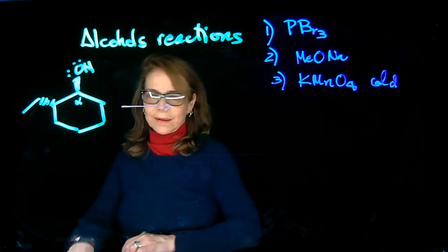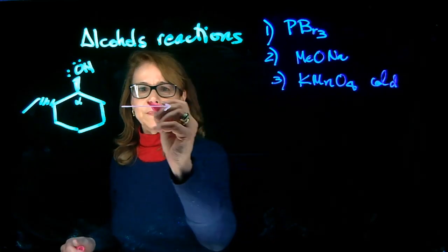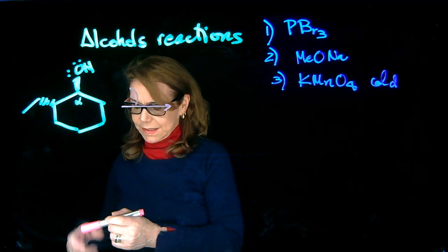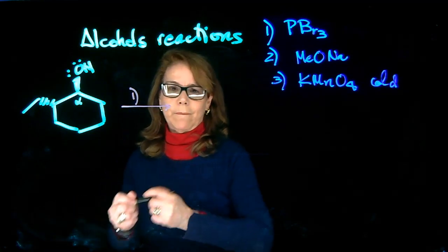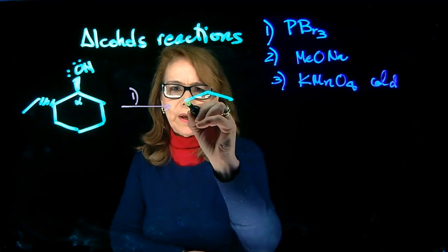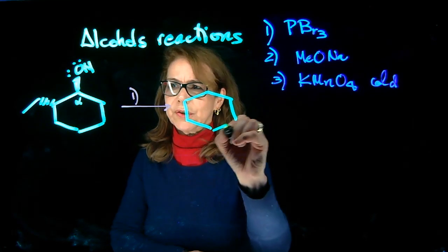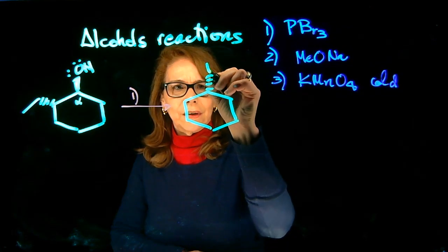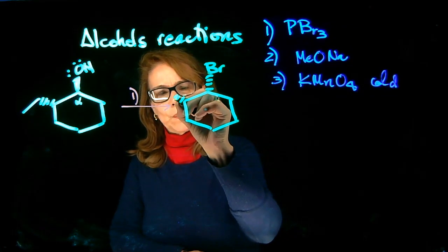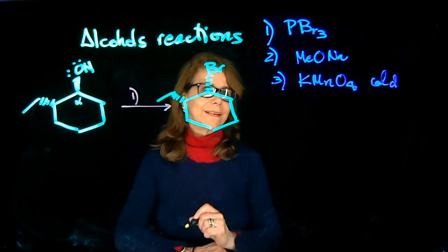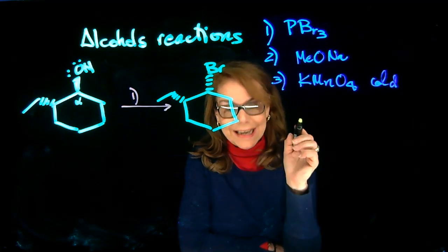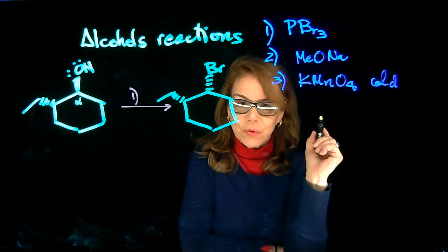So the product of that first reaction is a bromide, but we will have an inversion of configuration at that site. So I'm going to do this. That stays the same.